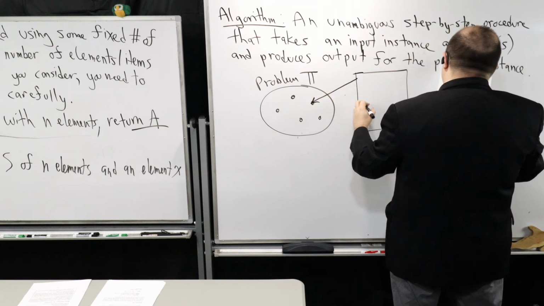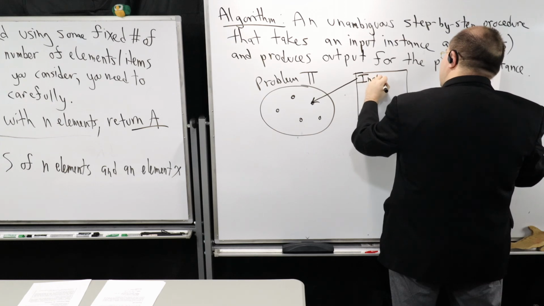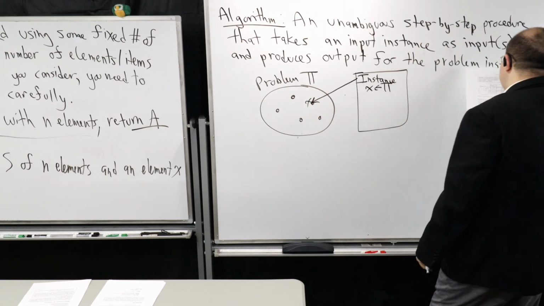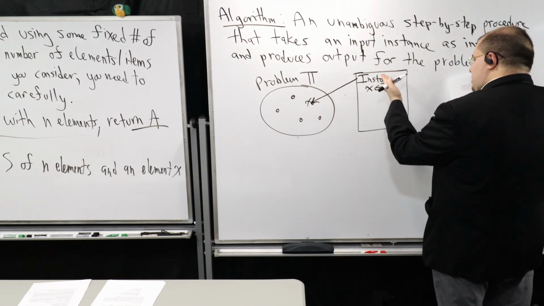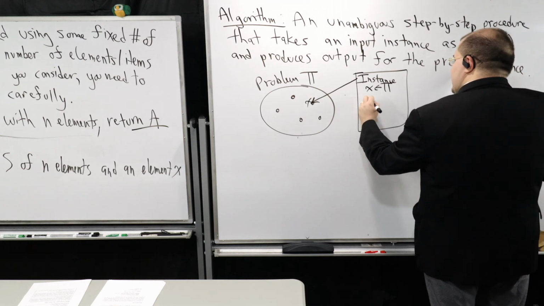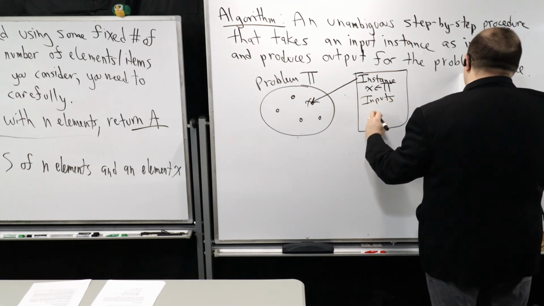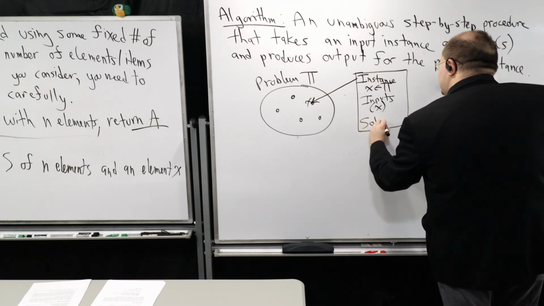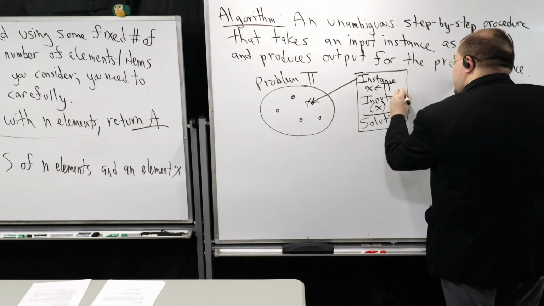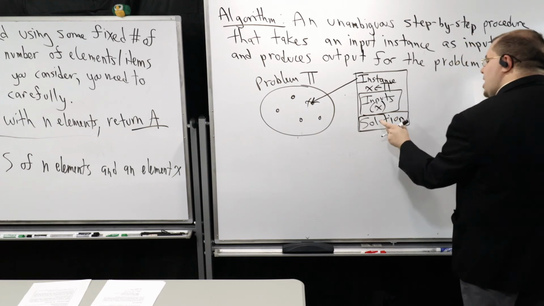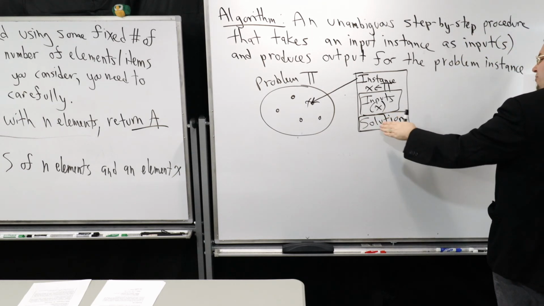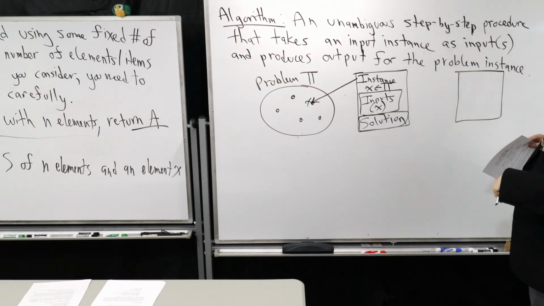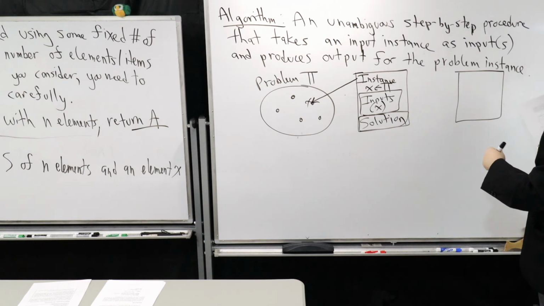One of these dots is an instance x of pi, and it has inputs, which is what x is, and it's going to have a solution. There are inputs and there's a solution. Keep in mind, when we talk about different types of problems, we might formalize this a little differently. For example, later on in this course, I'll talk about optimization problems. There's a more formal way of talking about this in a little bit.